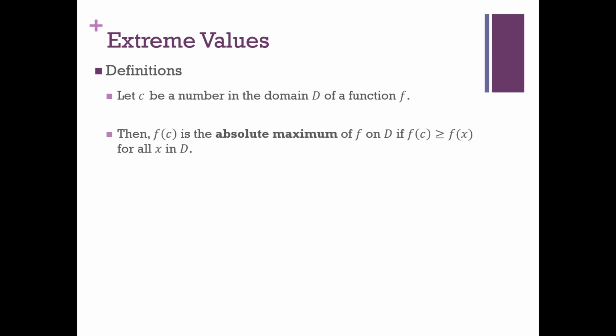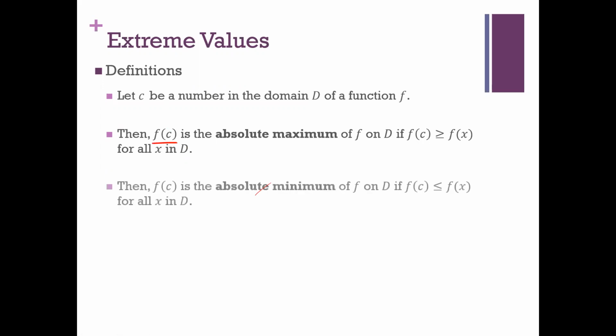So f of 1.5 was our maximum, right? The far right end of that function gave the largest value of that function. So that's our absolute maximum. Again, when we talk about the absolute maximum, it's going to be whatever the Y value is, whatever the output value is.